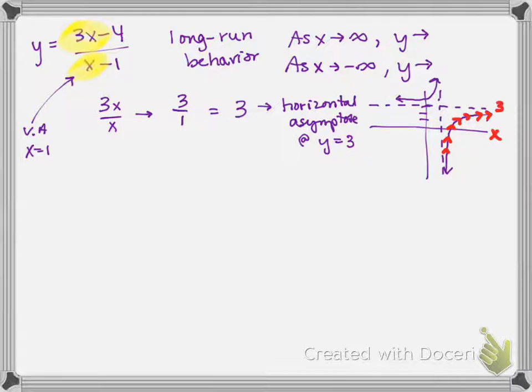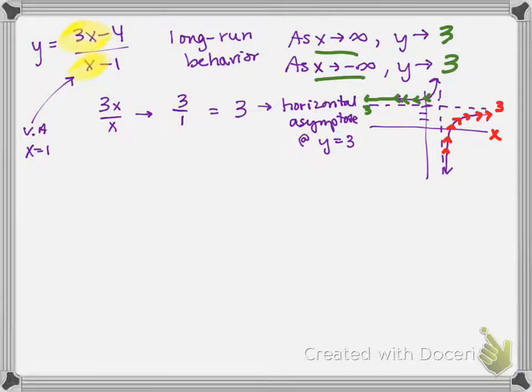And alternatively, as the x values get smaller and smaller, they try to approach that horizontal line at 3. So for this one, the long run behavior, as x goes to infinity, the function value approaches 3, and as x goes to negative infinity, it still tries to approach 3.